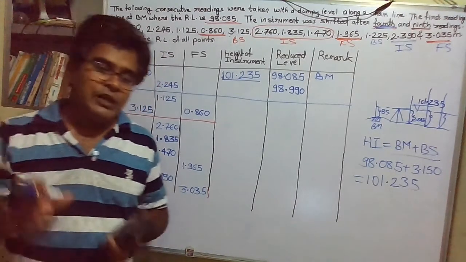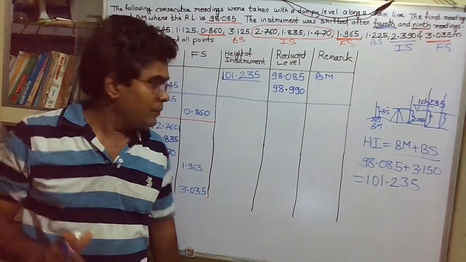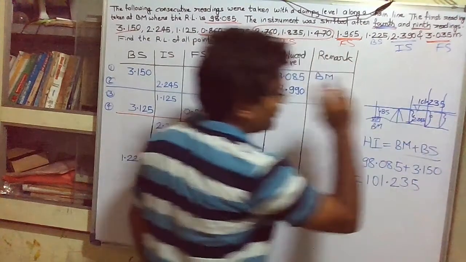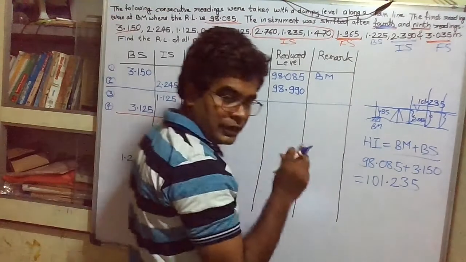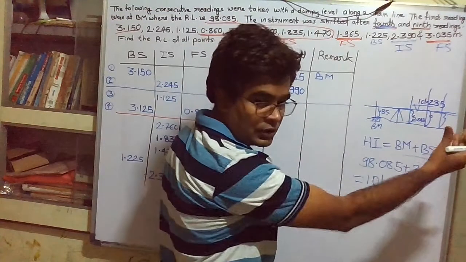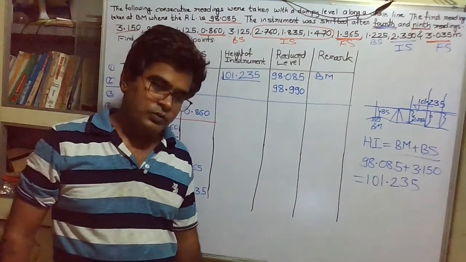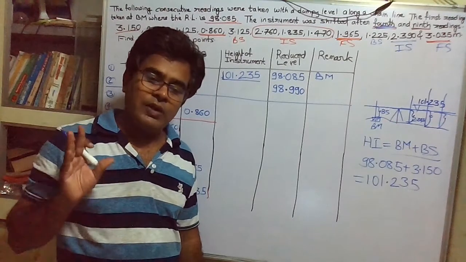Unless we shift the instrument, height of instrument remains the same. Once we set the instrument here, this height of instrument will remain horizontal till we don't shift it to the next location. Whenever we shift to the next location, we will get a new height of instrument. So for one setup of instrument, height of instrument will always remain constant.